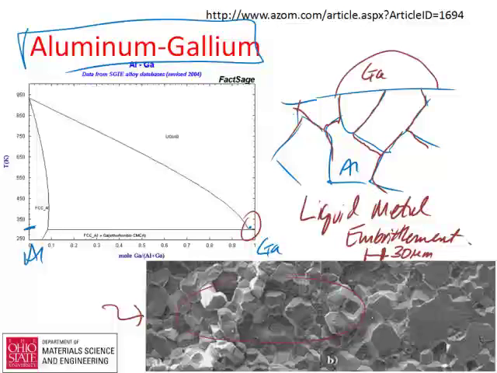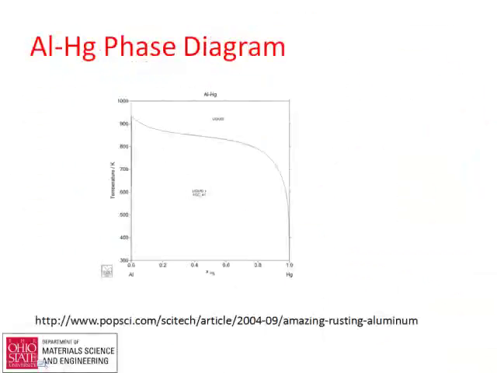All these crystals come together to fill space, which I think is always kind of cool. It's like these little dodecahedron sorts of shapes that all fit together and fill space. The other thing that's important about this is it can be a very potent way to embrittle stuff. And that has been used. Mercury will do sort of the same thing.